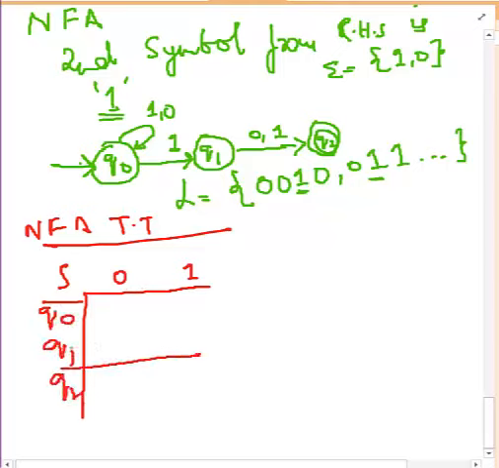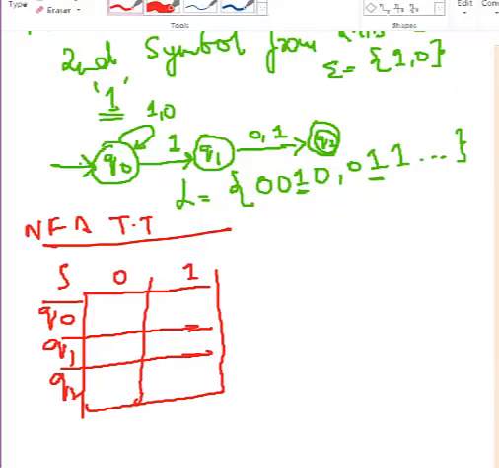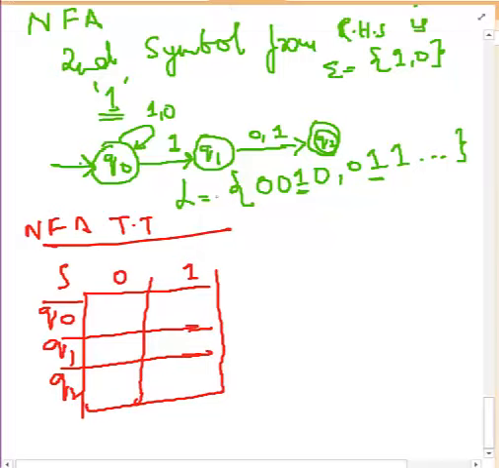The transition table, as you know, is very simple. Nothing new, we have done it already, right? Let me change the pen now. We'll make it blue. So where is Q0 going on the input symbol 0? When we see here, Q0 on 0 comes to Q0 only.